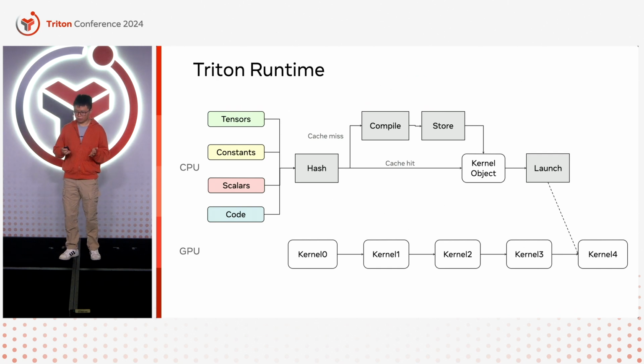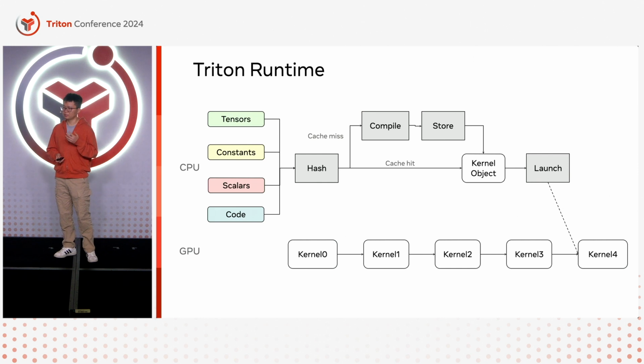To give you some more context about how Triton's runtime works, let's look at this diagram. We have activities on both CPU and GPU, where the CPU is responsible for compiling and launching kernels, while the GPU is responsible for executing the kernels.